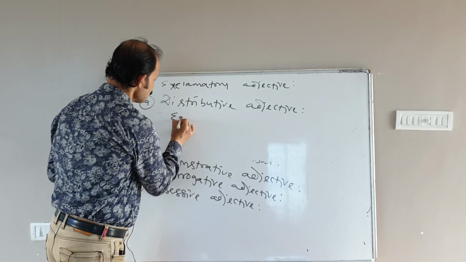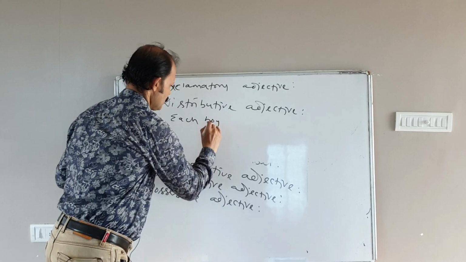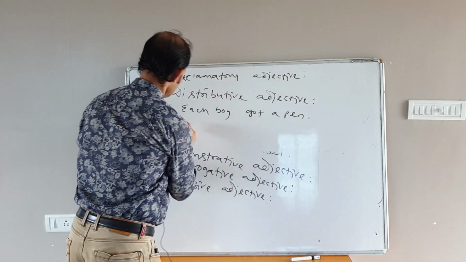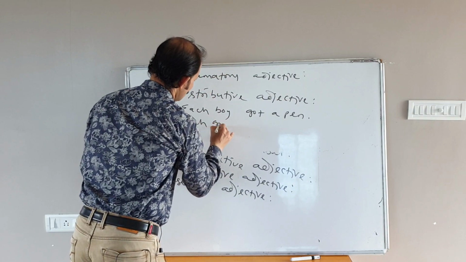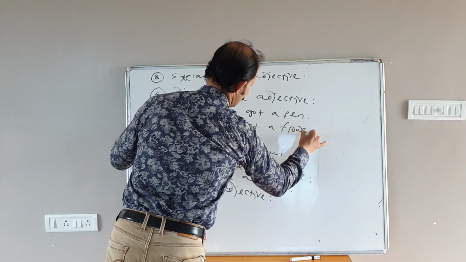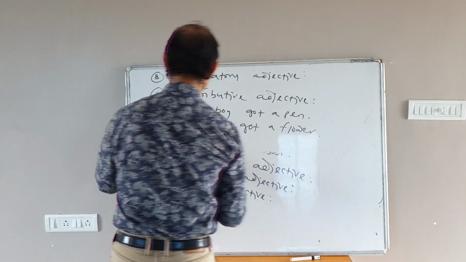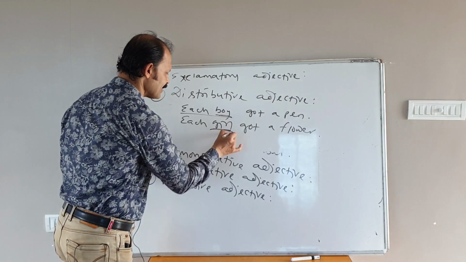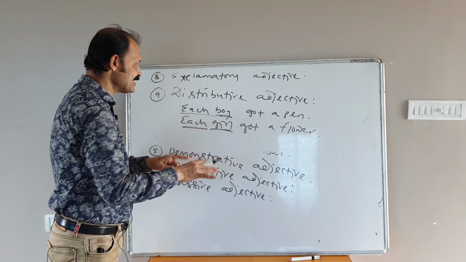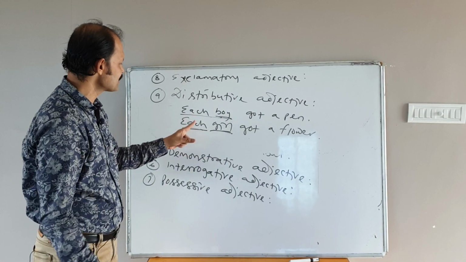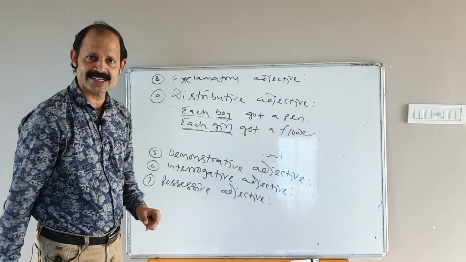Suppose, each boy got a pen, each girl got a flower. So here each boy is the noun phrase where boy is the noun, or girl is the noun. Each describes the noun in a distributive way, that means individually everyone gets. So each here is the distributive adjective.